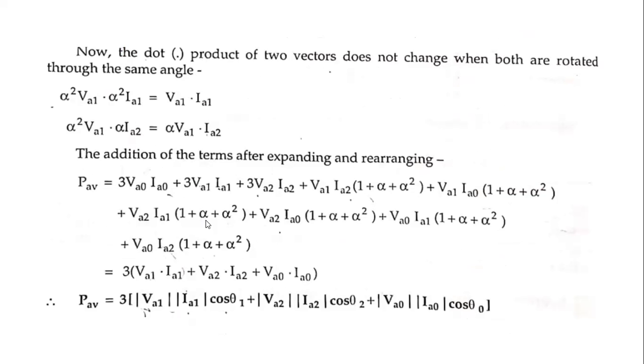Substituting all these values in the average power, P average is equal to 3 into VA1 IA1 plus VA2 IA2 plus VA0 IA0. This is the average power in case of symmetrical components.